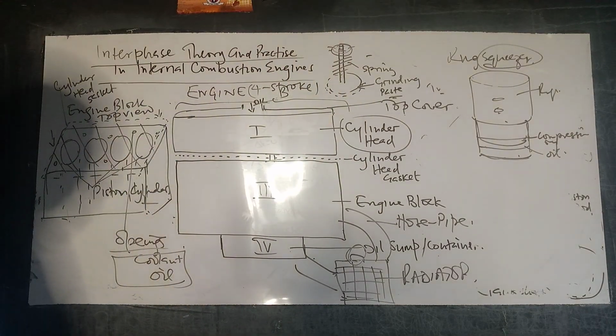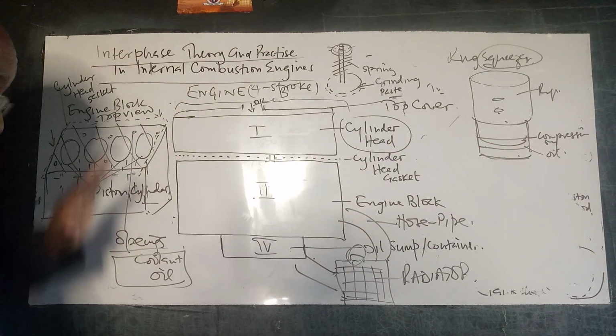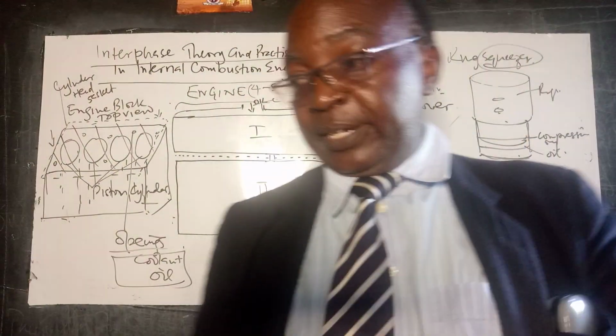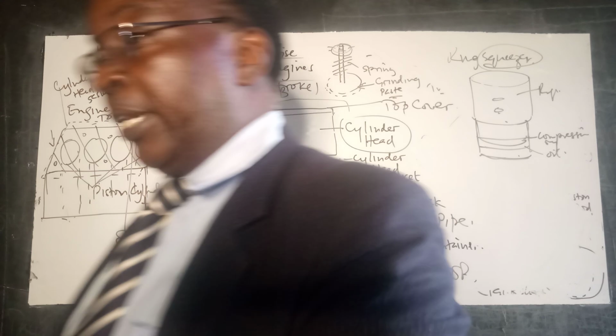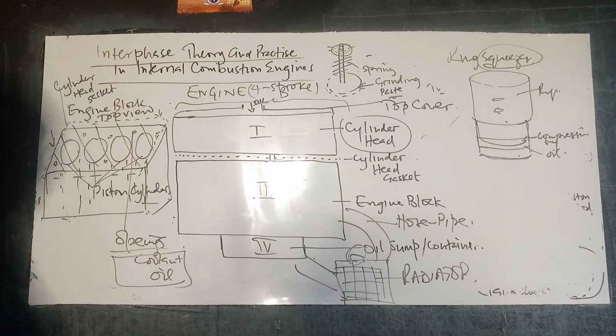That would not be a very good idea. So if you have a ring squeezer, then you just squeeze them and put them on top of the cylinder, and then just tap it down with something which will not destroy your piston cap, so that it goes through. That's very, very important.